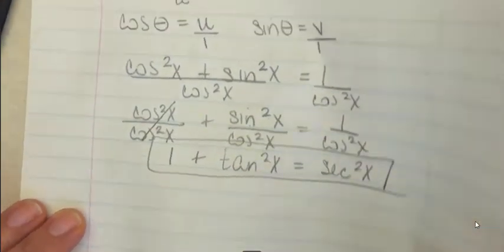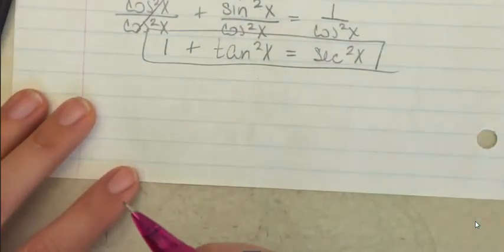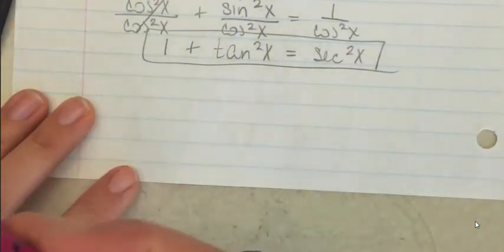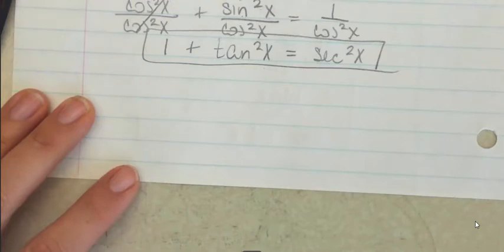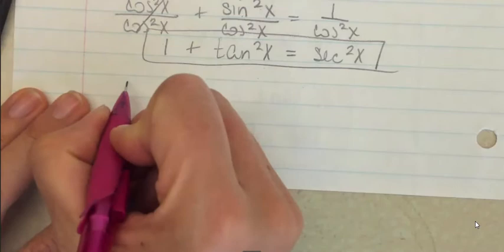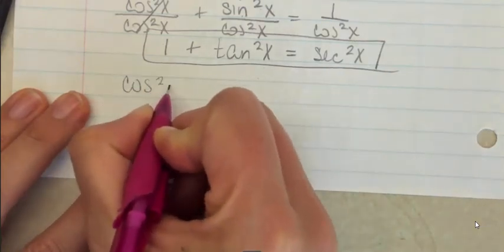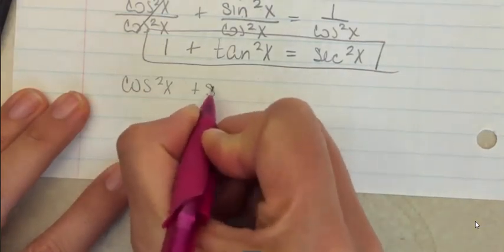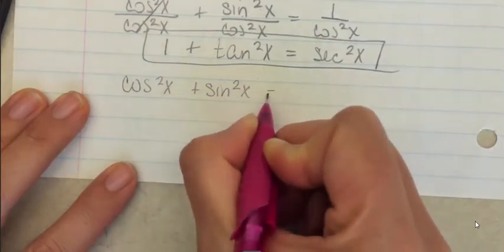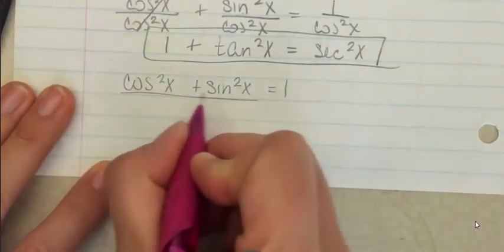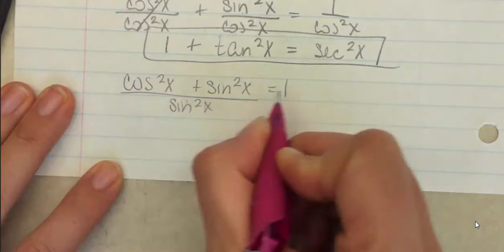We'll do this one more time to get one more of your Pythagorean identities. So last one we're going to do, we'll start with the original cosine squared x plus sine squared x equals 1. And this time we'll divide everything by sine squared x.